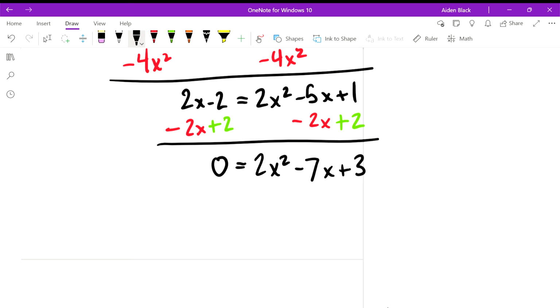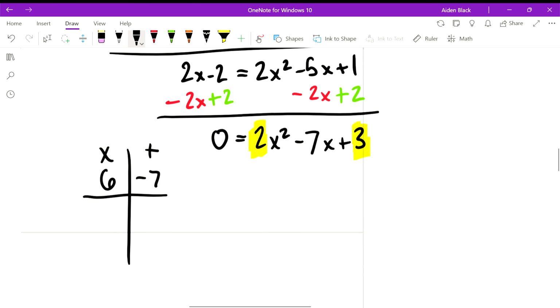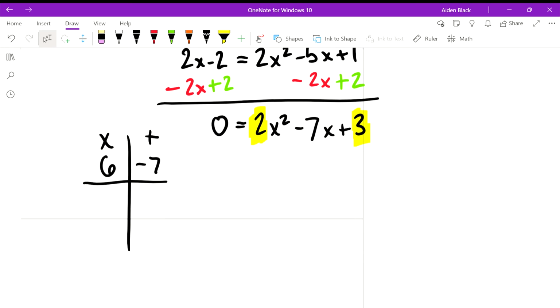So our product, you should know this, is the leading coefficient times the constant. So our product is 6, and then our sum is negative 7. So what two numbers multiply together to get positive 6, yet when you add them together you get negative 7?